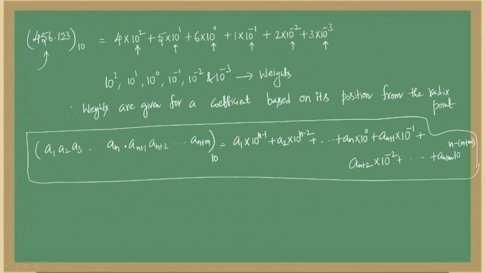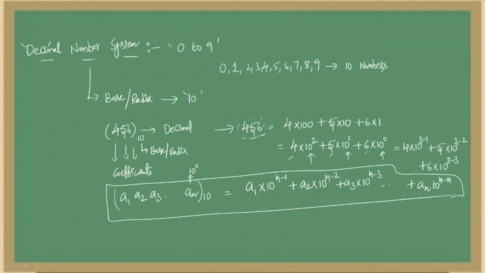The reason why we call this the decimal number system is that the digits we are considering here are from 0 to 9, and these are 10 numbers or 10 digits, or you can also call them characters. As we are considering 10 different characters to represent any number in a decimal number system, it is called a base 10 system.